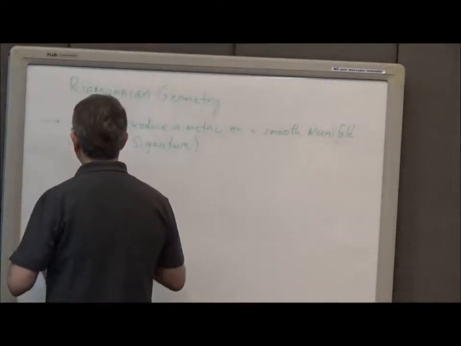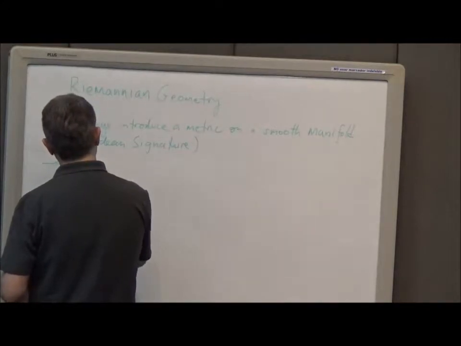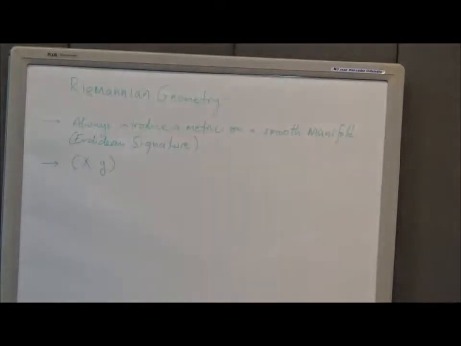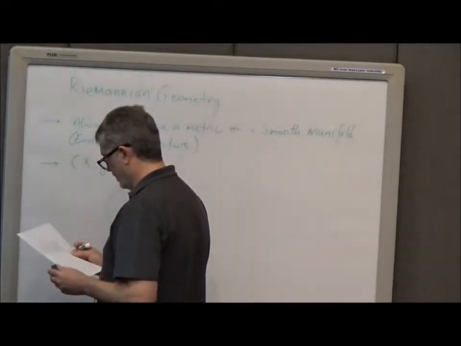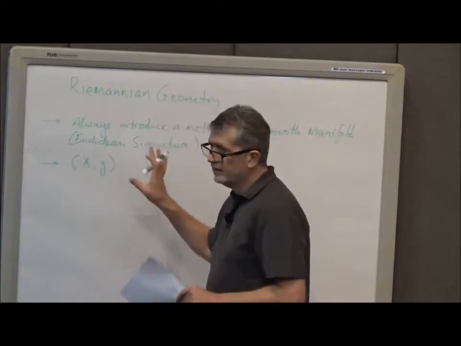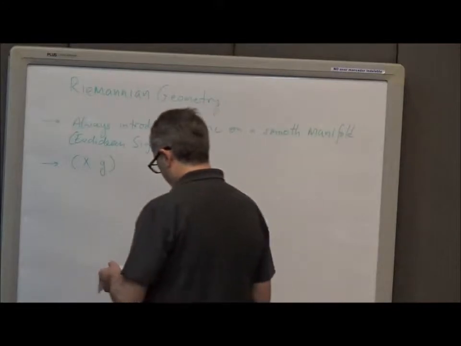Not all metrics are equivalent, so we should really always write down something like this to indicate the manifold and the metric that we have in question. Unless I say so, everything I'm going to be talking about will be Euclidean until I very explicitly say Lorentz.